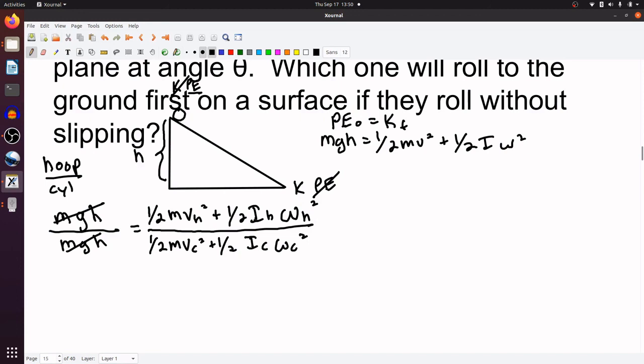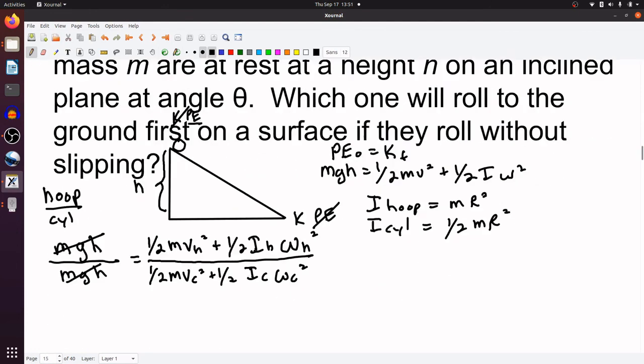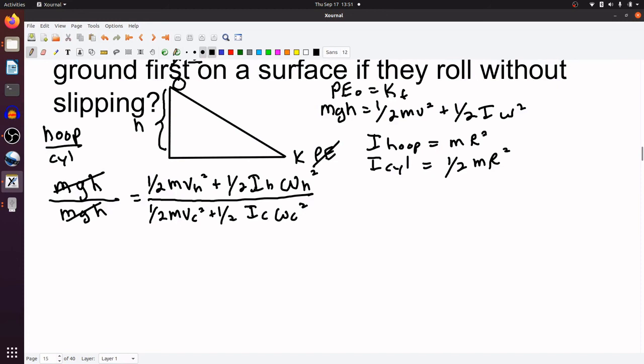Okay. Couple things I know. I of a hoop is equal to mr squared. It's kind of the same as a point particle. And I of a cylinder is going to be 1/2 mr squared. The radius is the same, recall, because I said it's the same r. So I'm going to make those substitutions now.